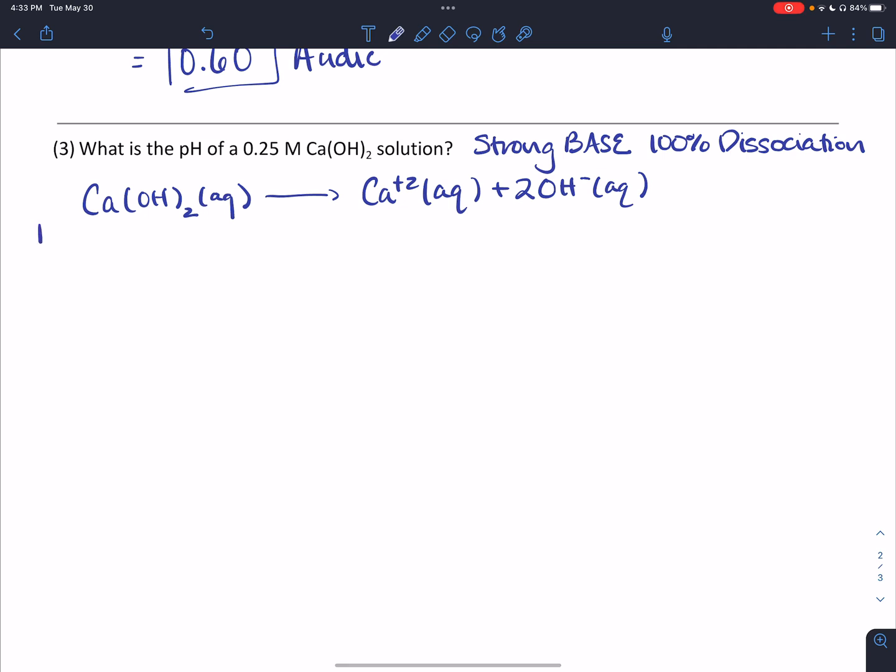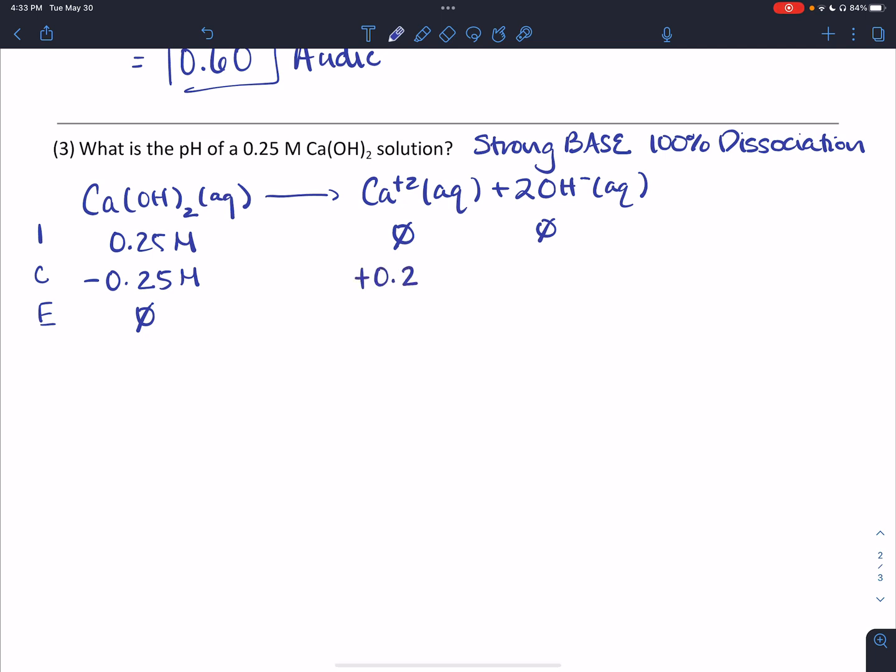So I again set up my ICE over here. I start with 0.25 molar of my base, none of my 2 ions. I allow the reaction to go. Because it fully dissociates, all of that 0.25 is gone, leaving me nothing of the original base. The ratio from calcium hydroxide to calcium is 1:1.